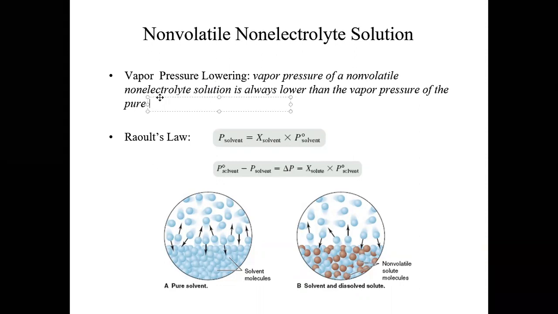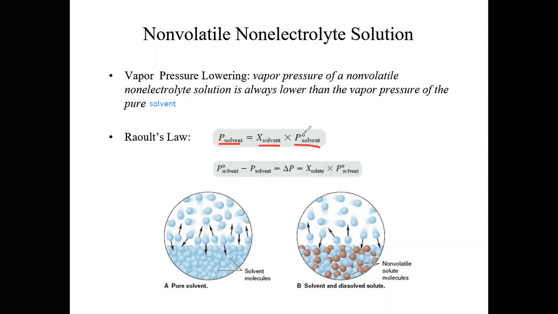So if you know the vapor pressure of your pure solvent and you add some non-volatile, non-electrolyte to it, it's going to lower its vapor pressure. So if you start, say, at 100 and you add something to that solvent, it's going to be less than 100.